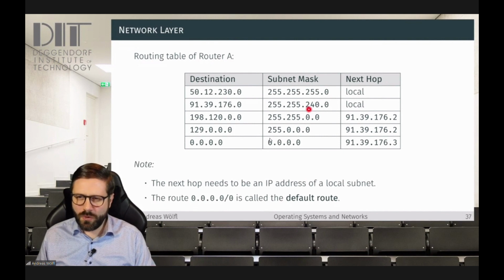So we have 4 bits 1, 4 bits 0 in the third octet, and all zeros in the fourth octet, meaning in dotted decimal notation, this is a value of 240. This is the same for all these values. For example, 192.0.0.0 with the subnet mask 255.0.0.0. Well, 255 is 8 ones, so we have a prefix of 8 in the subnet, and the next hop will be then this IP address.